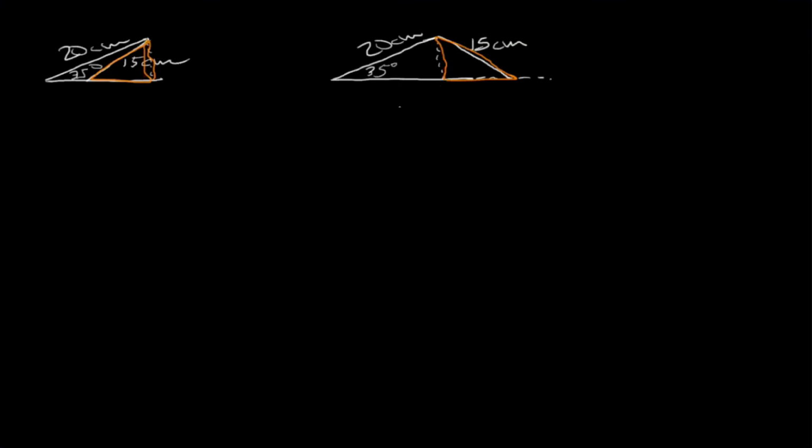And so if we start with this one, I'd use the law of sines. Let me label this: this is angle A, this is side A, side B. I need to figure out what one of the angles is. I'm going to go for this one because I already have this side.